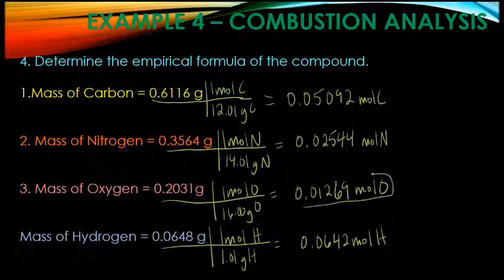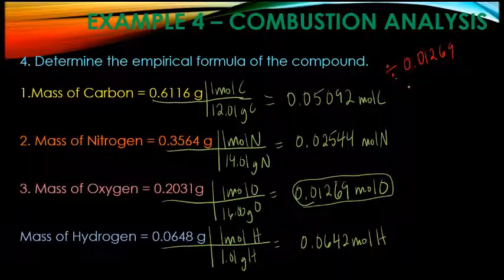the smallest. We're going to divide all of them by the oxygen moles. So divide them all by the 0.01269. All of them get divided by that, and we end up with our numbers. So let's go ahead. This one obviously is going to be a 1, so let's go ahead and divide them all.